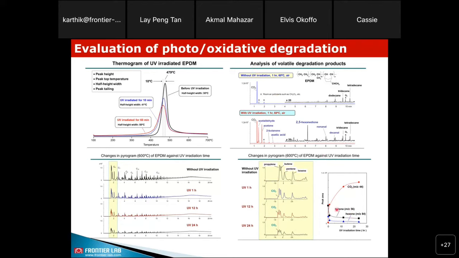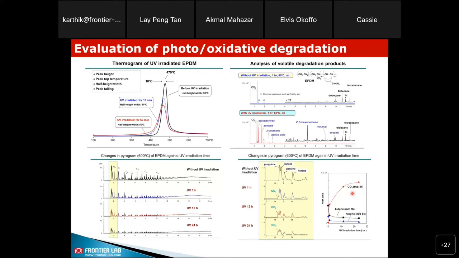You can see the reduction of butene and hexane and the increase in CO2, which tells the degradation nature of this EPDM. So this is another application where pyrolysis GCMS together with UV light can be used for quick evaluation of the photo-oxidative degradation characteristics of rubber material like EPDM.